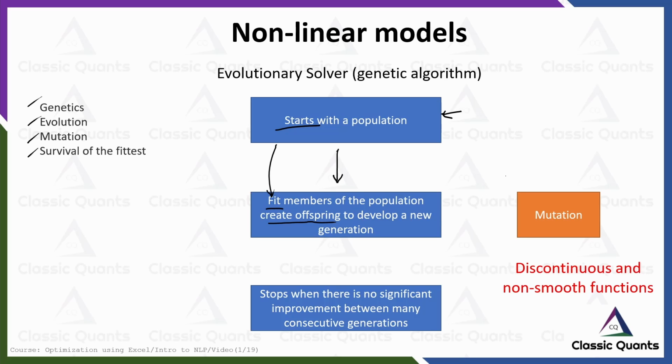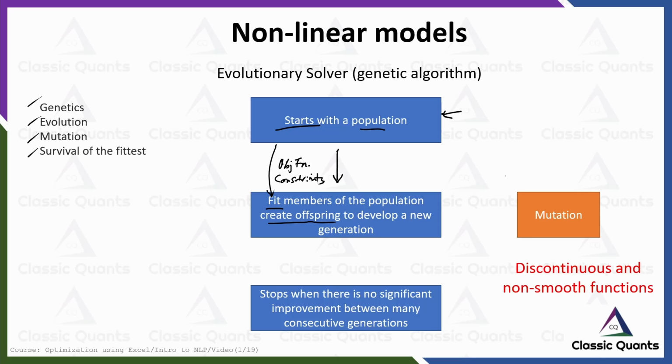Fit members means the solver tries to test the fitness by verifying the objective function values and also the constraints' feasibility. For example, some of these solutions in the population will not meet some of the constraints, so it will put a higher penalty on those solutions, and therefore they will not remain fit.